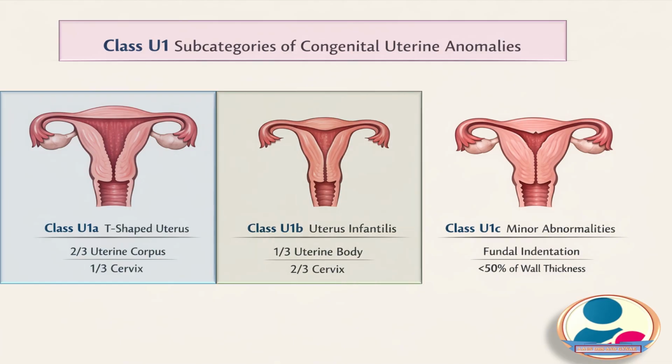Class U1B, or uterus infantilis, is characterized also by a narrow uterine cavity without lateral wall thickening. Class U1C includes minor abnormalities with fundal indentations of less than 50% of wall thickness.